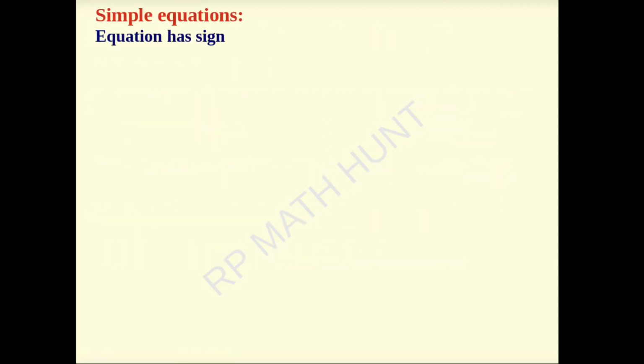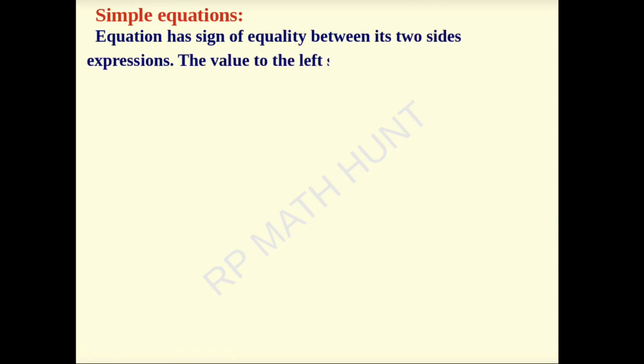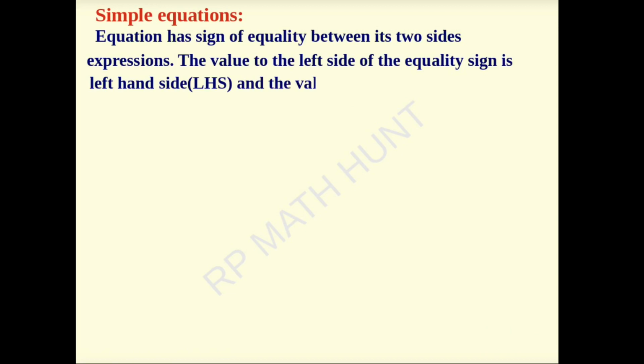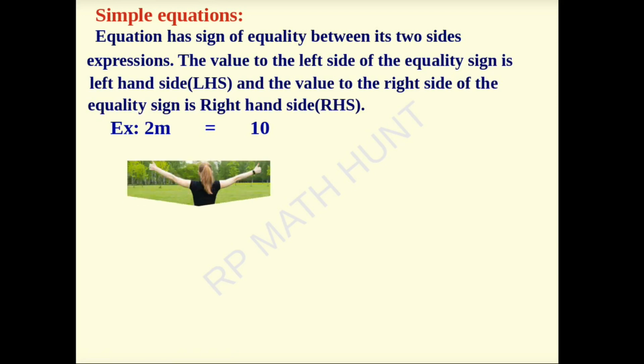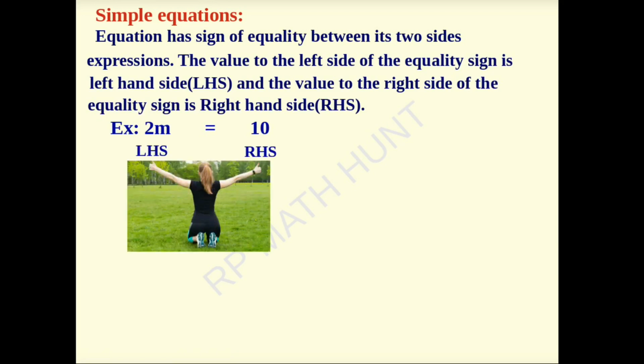Simple equations. Equations have a sign of equality between their two sides. The value of the left side of the equality sign is called the left hand side or LHS, and the value of the right side of the equality sign is the right hand side. So it is called RHS from now. Here 2m equals 10 is an equation.